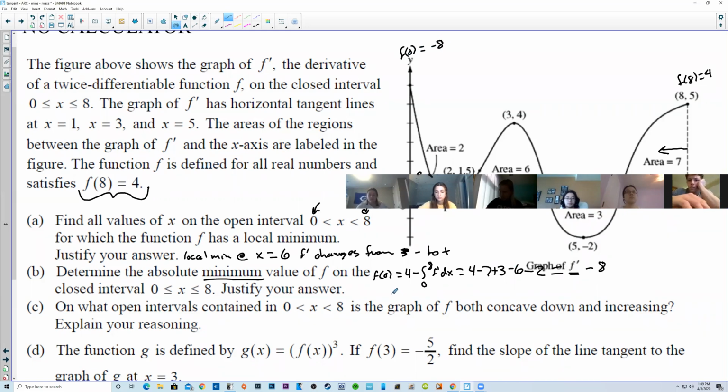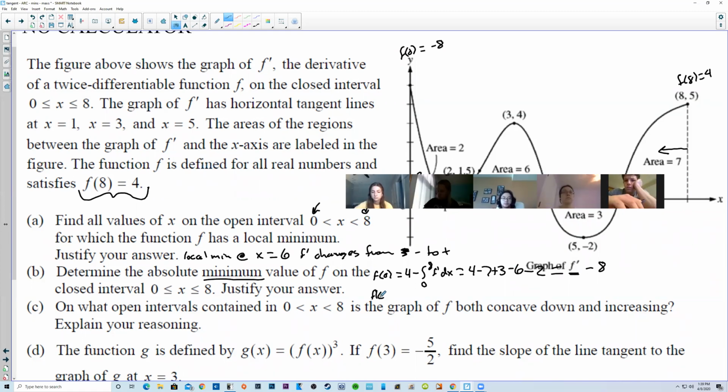How about f of 6? It is a local minimum, but it could be the overall minimum also. We're going to start with 4, but all we have to do is just minus 7 to get back to 6. So that's negative 3. So far, negative 8 is the lowest value. And then we have the other endpoint, f of 8, and they just tell us that's the initial value, 4.